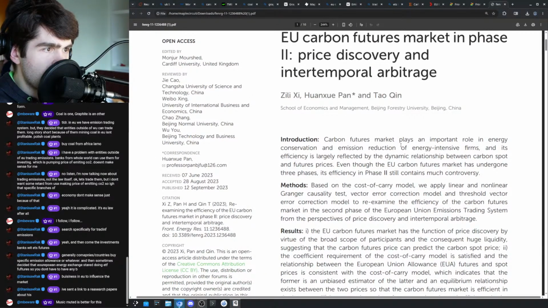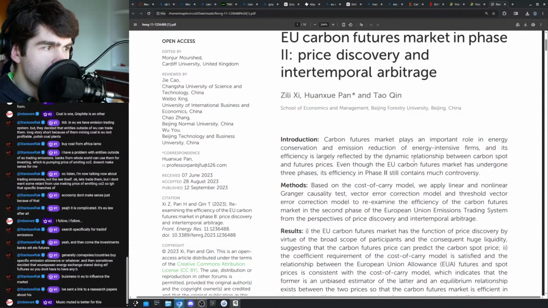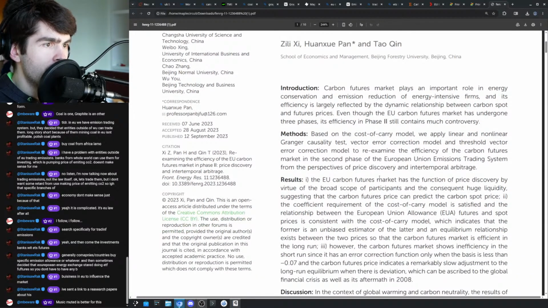Carbon future market plays an important role in energy conservation and emission reduction of energy-intensive firms, and its efficiency is largely reflected by the dynamic relationship between carbon spot price and future prices. Even though the EU carbon futures market has undergone 3 phases, its efficiency in Phase 2 still contains much controversy. Method.